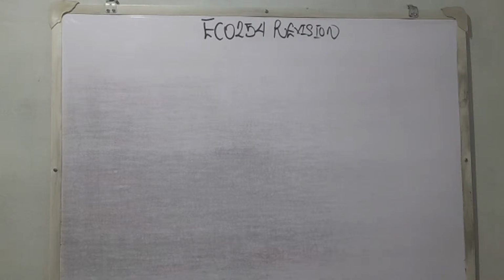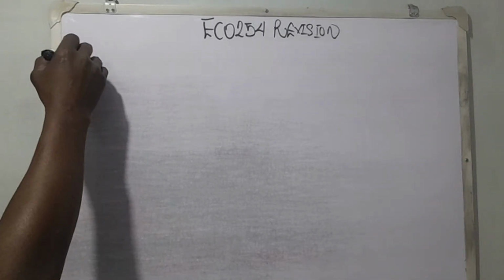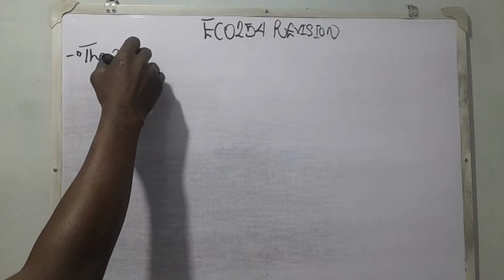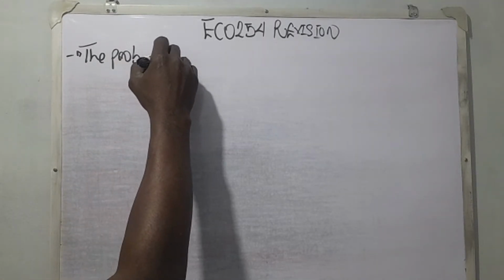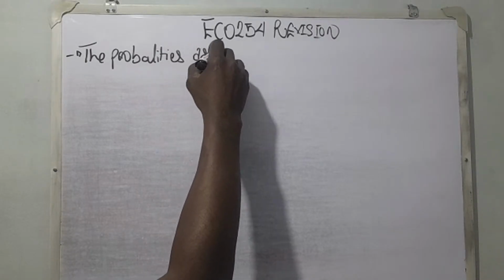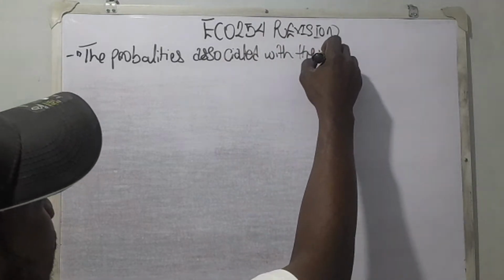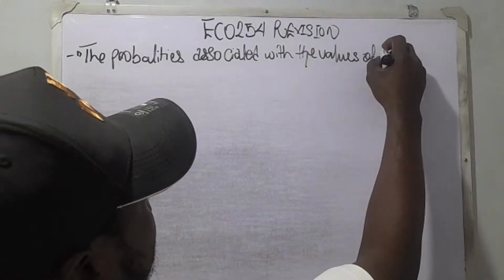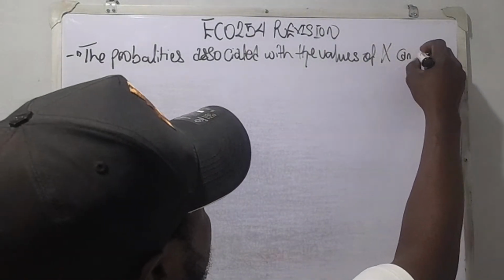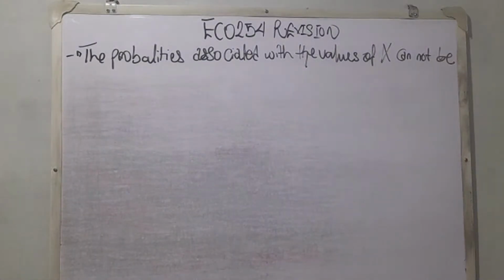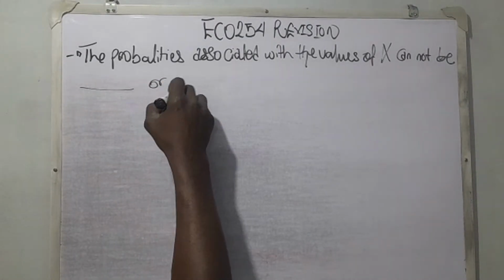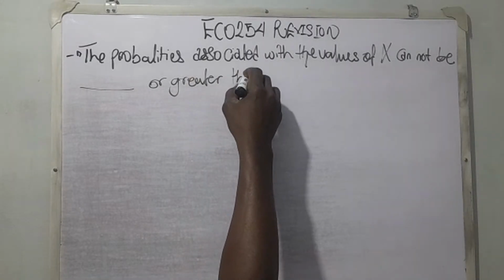The probabilities associated with individual values of x cannot be dash or greater than 1.